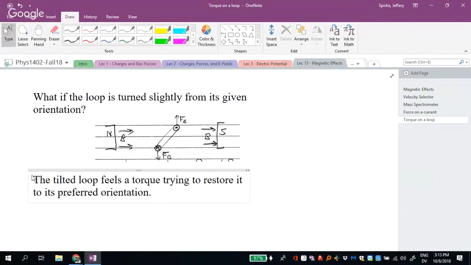An attempt to move something in a rotation is a torque. And I'm going to write down the formula just because you'll need it for your homework. And we'll probably start with talking about this again on Wednesday.